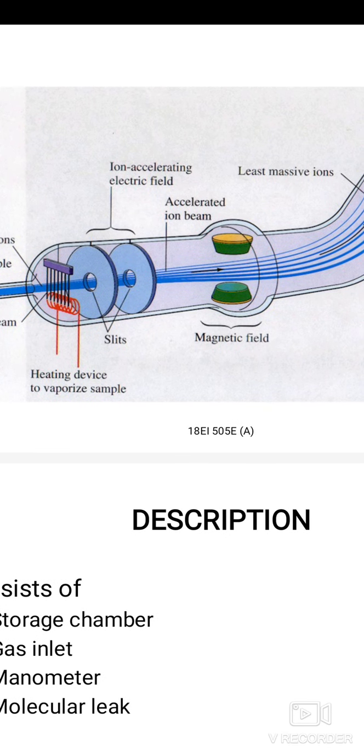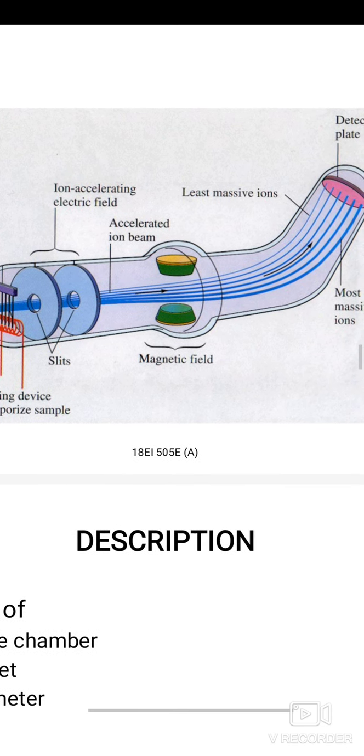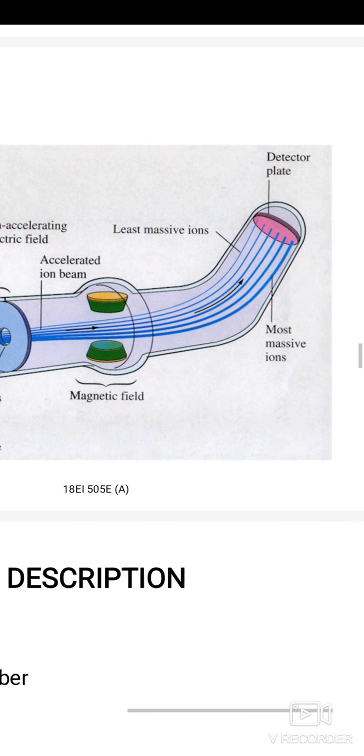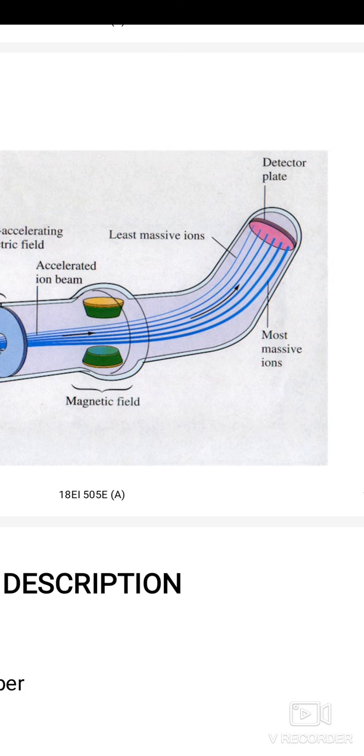When it is accelerated with the electric field of high voltage from 0 volts to 1000 volts, the ions gain kinetic energy. When passing through this magnetic field, the magnetic field causes deflection, and the different mass to charge ratios reach the detector.